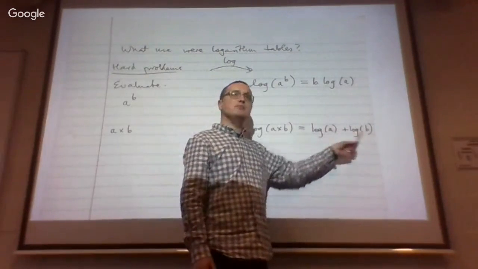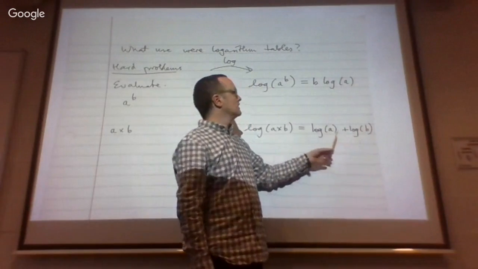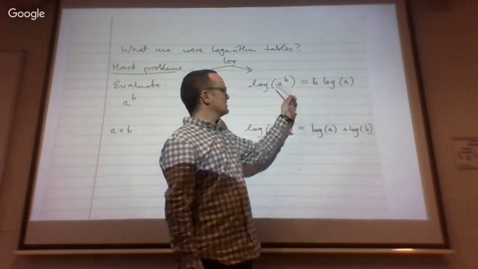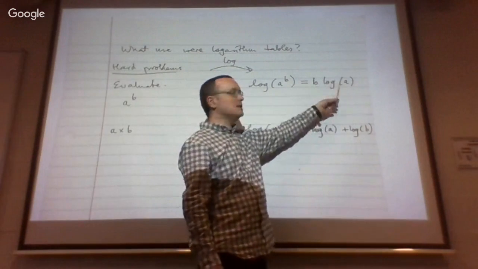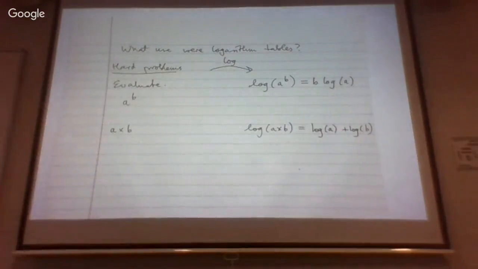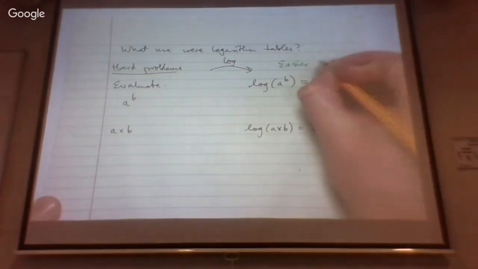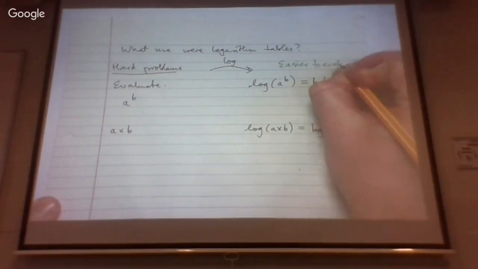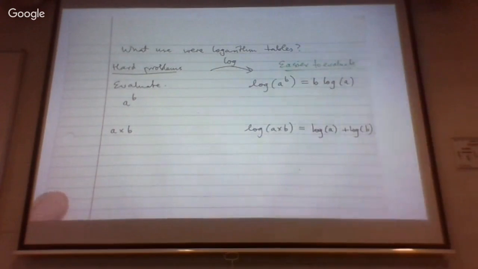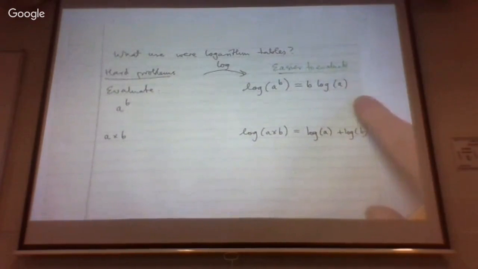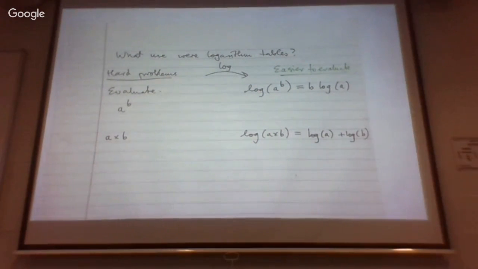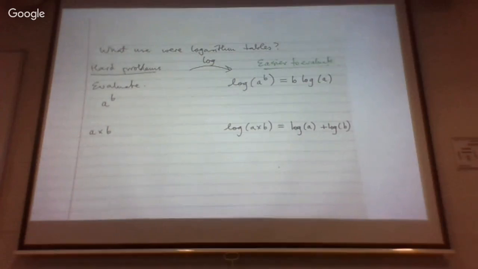Not the original numbers a and b, but adding their logarithms. I'm not multiplying the original numbers, but multiplying b by the logarithm of a. So these problems on the right-hand side are easier to evaluate, provided we know what the logarithm of a is and the logarithm of b is. Okay? So that's taken care of in the table.